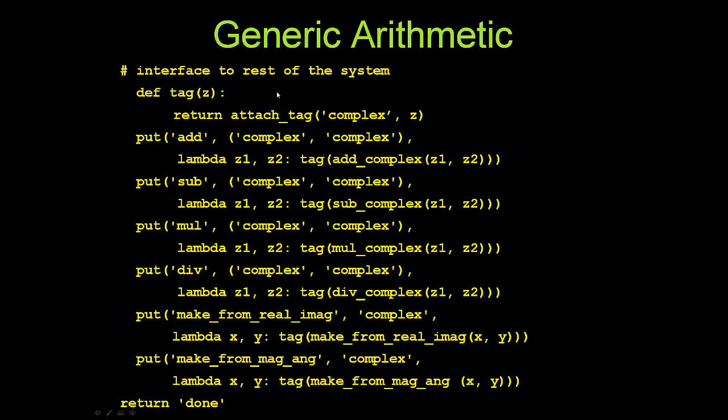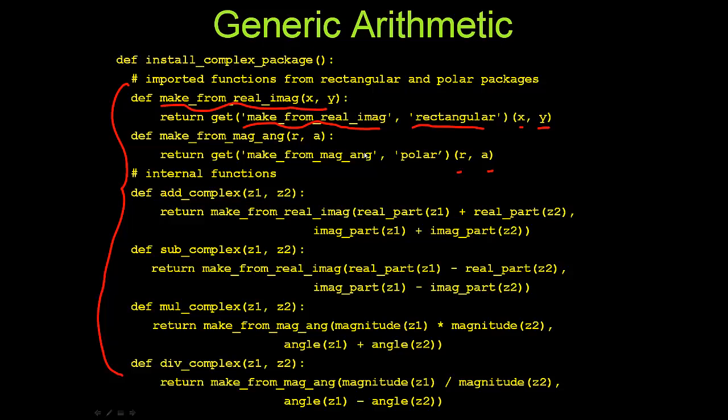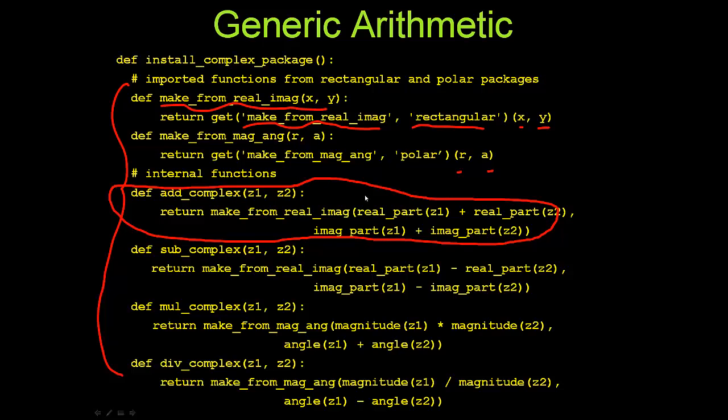What we then do is add all this arithmetic to the table. So now we attach a complex tag, and if it's add, it's lambda z1 z2, add-complex z1 z2. So where is this add-complex? Well, it's in the previous page, over here. So we are doing the same exact thing as we did in the previous complex number package. Now we're going up one level higher.